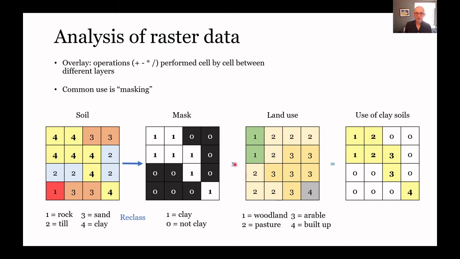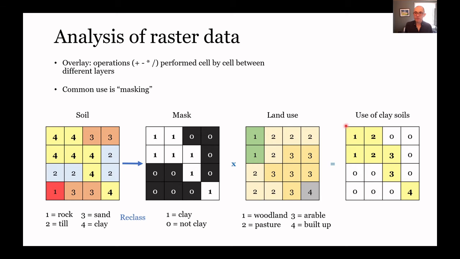If we cell by cell multiply these, 1 times 1 is 1. 1 times 2 is 2. 0 times 2 is 0. And so this is a very trivial calculation. 1 leaves the land use map unchanged. 0 zeros it. 0 times anything is 0.